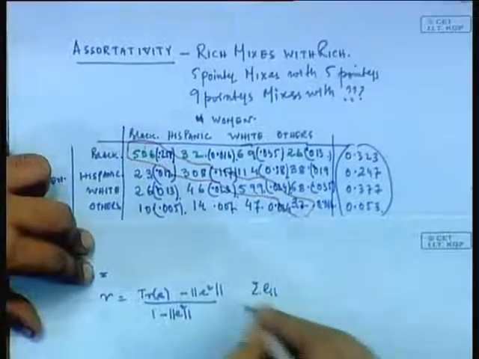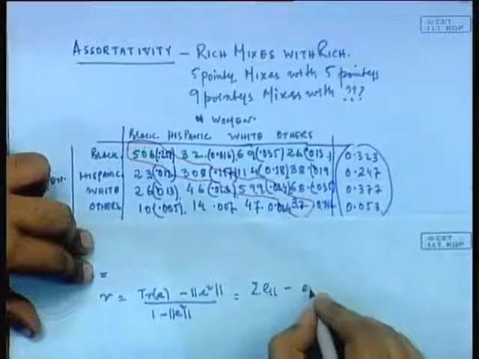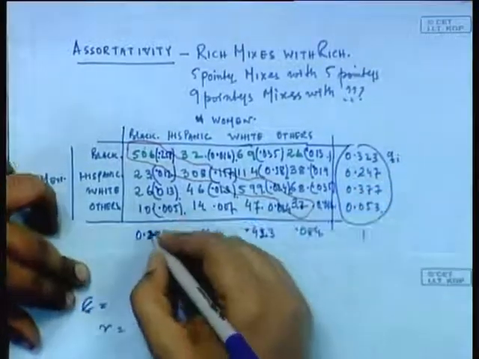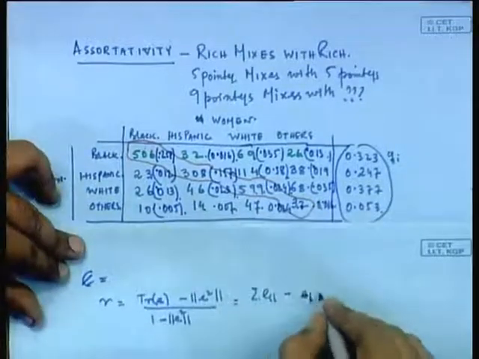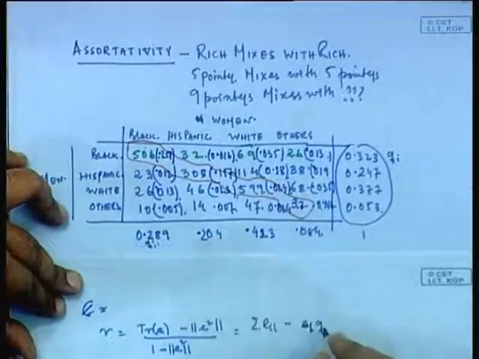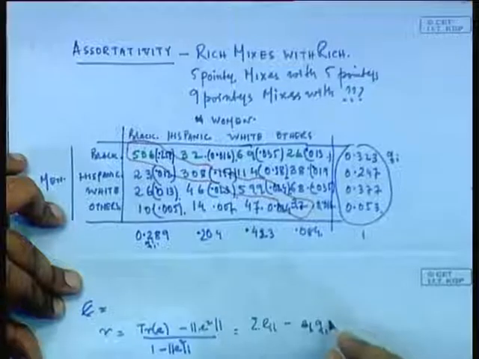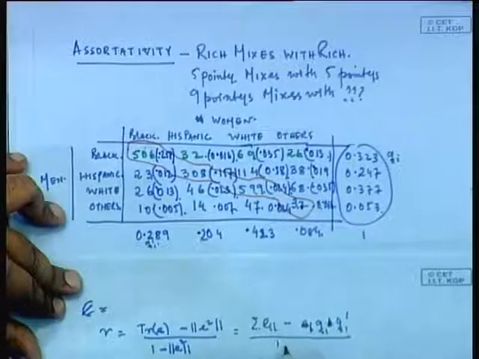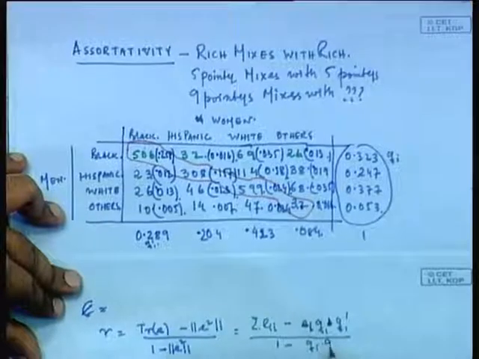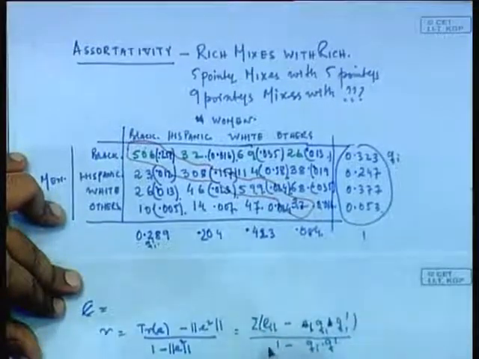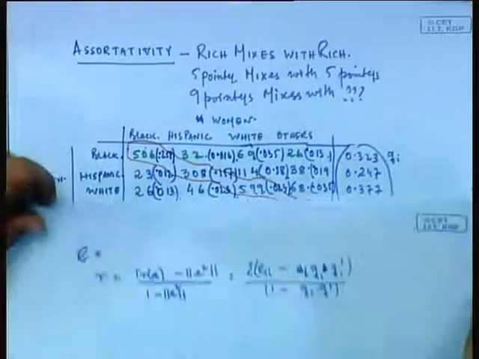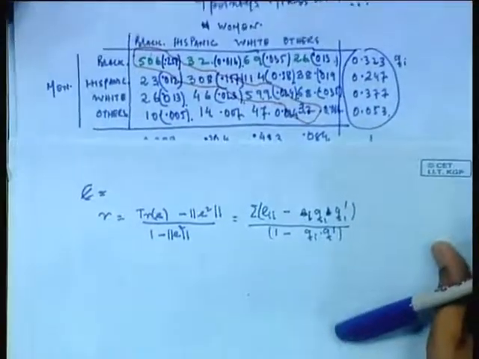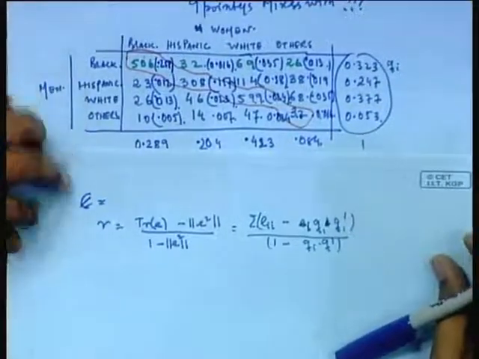We can write it as the summation of E_ii minus the sum of Q_i times Q'_i, divided by 1 minus the sum of Q_i times Q'_i. So, this is what the formula is.